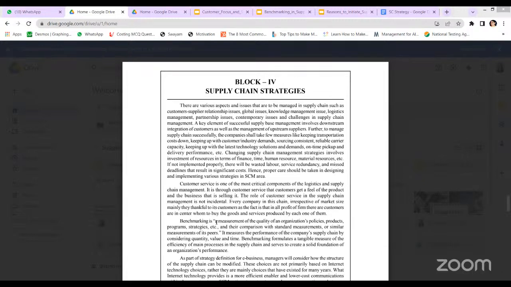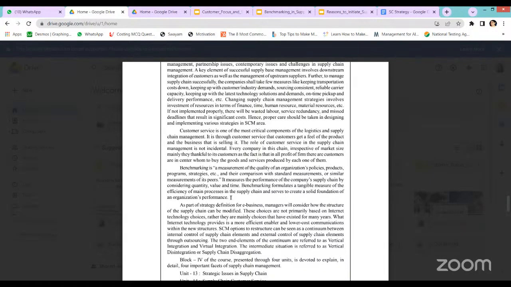It is also to focus on the customer, which leads to the survival of the firm. Under customer service, we will learn about the various services and how the customer chain is involved, how supply chain management strategies are designed and implemented in relation to customer service.